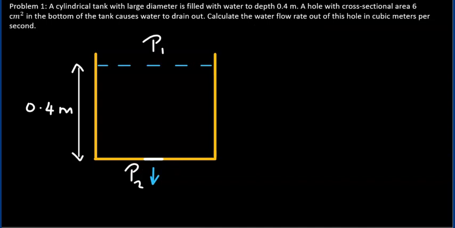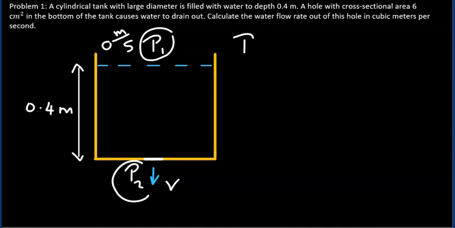In order to calculate the volume flow rate, you need to know the speed with which the water is flowing out of the tank. Now the speed on the surface is of course 0 meter per second, and the pressure at site 1 on the surface and the pressure outside when the water rushes out, P2, must be the same.